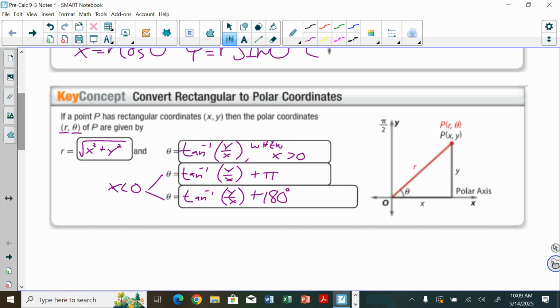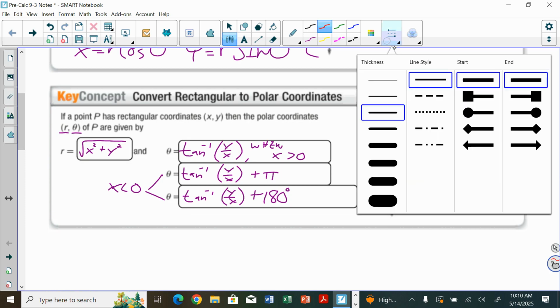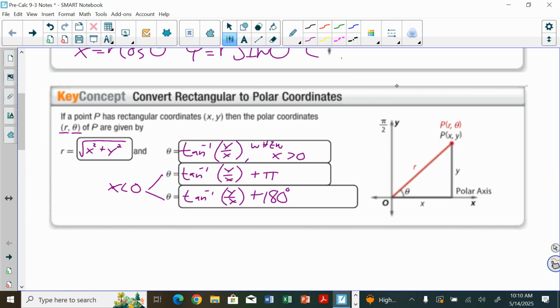One other thing to make note of: we talked about negative x, but let's say we have a negative y here. Let's put a star here and write it.